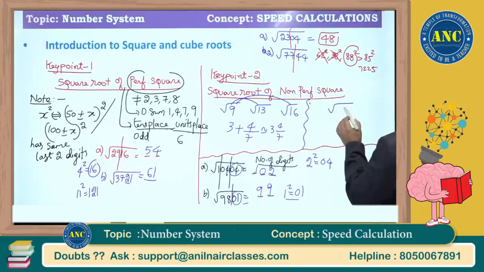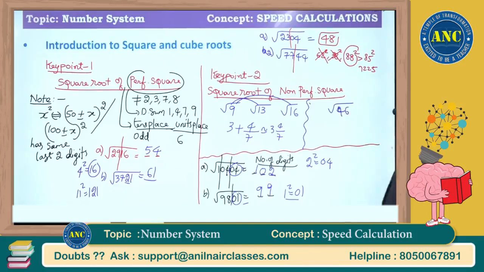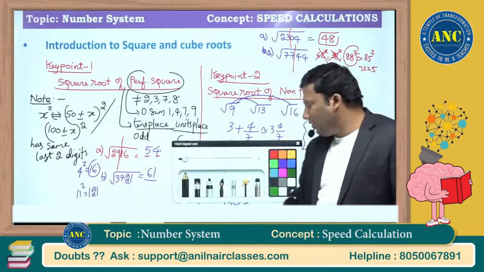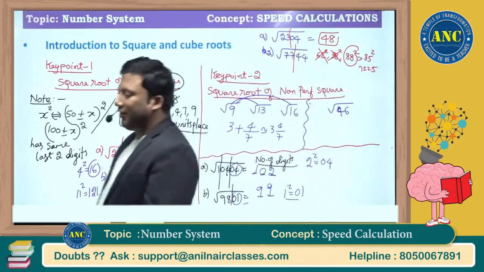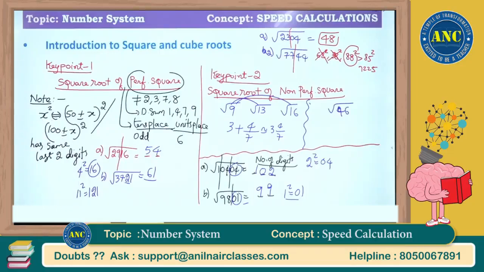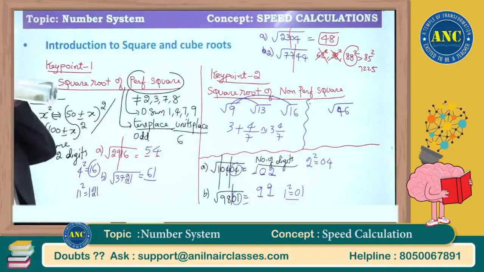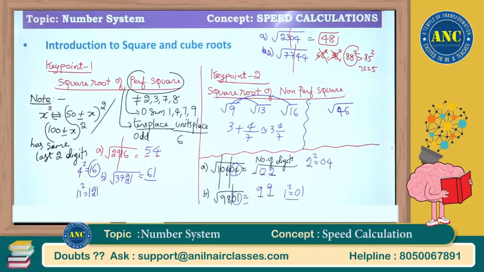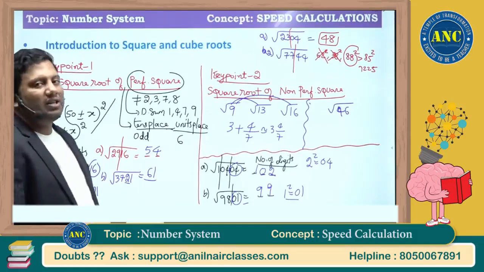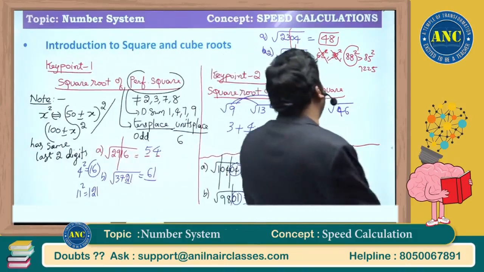Suppose, for example, it is the square root of 46. What is the definition of a perfect square? For any perfect square, if the units place is 6, the tens place has to be odd. 4 is an even number.